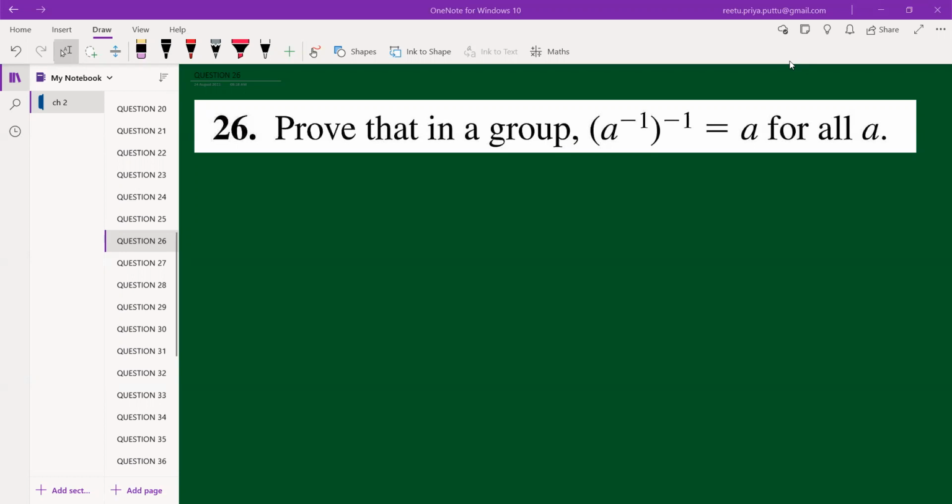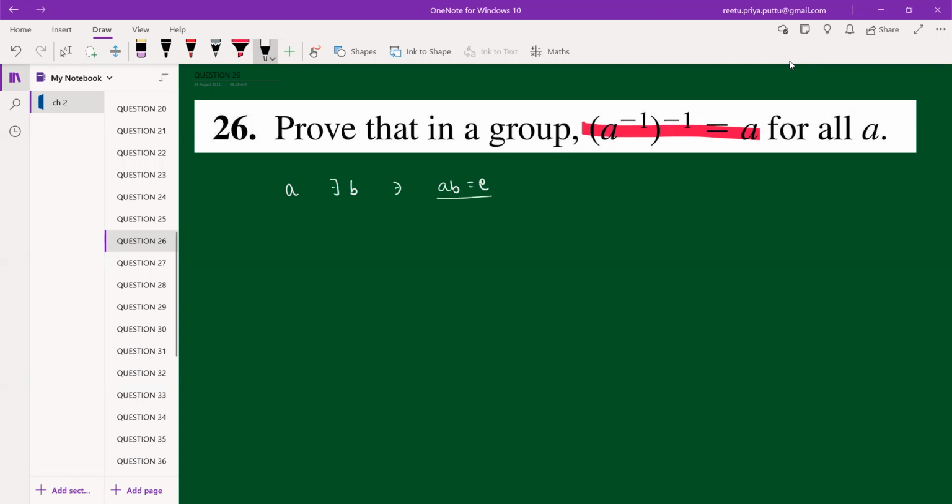So let's get started. This question says: prove that in a group we have (A inverse) whole inverse is equal to A. So we know that for any element A, there exists an element B such that AB is equal to identity, for an inverse to exist in a group.